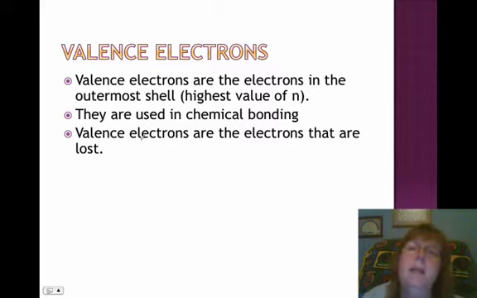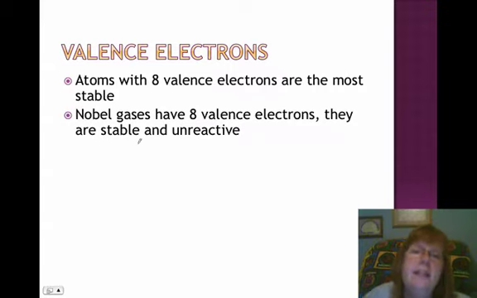That's the shorthand method using the noble gas. Now this brings up a really important type of electron called the valence electrons. They're the outermost electrons in an atom, and they're used in bonding. They're the electrons that will be lost when we're forming cations and so forth. These are the outermost electrons, and they're the ones who do everything. When you have a total of 8 valence electrons, that is very stable. The noble gases have 8 valence electrons, and they're very stable and unreactive.